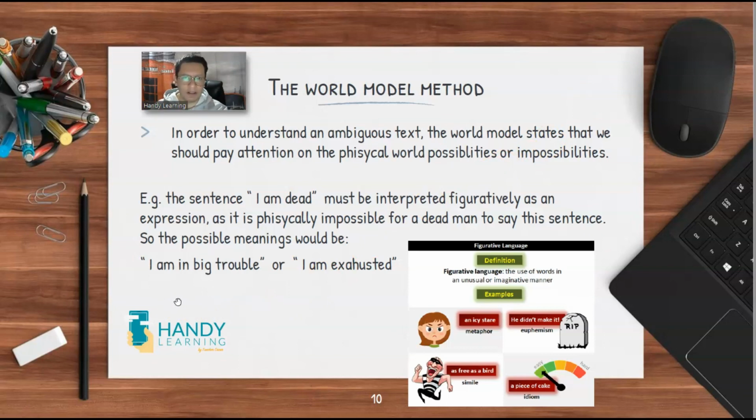So there is figurative language. When we talk about literal or figurative language, there are different forms of figurative. For example, we have a metaphor, a euphemism, a simile, and idioms. I recommend you look up more information about figurative language.